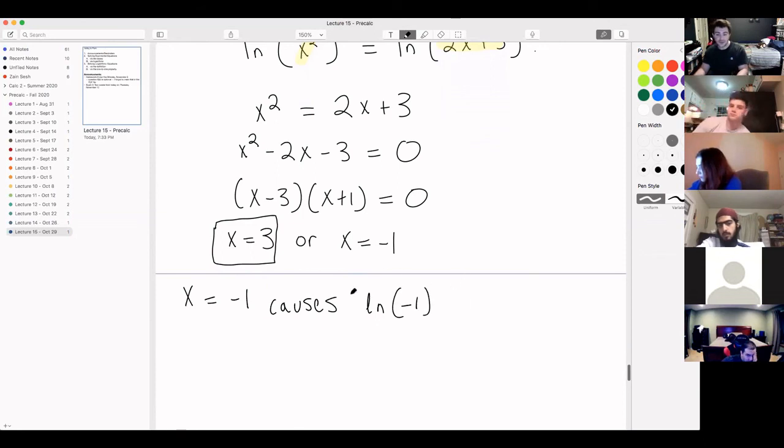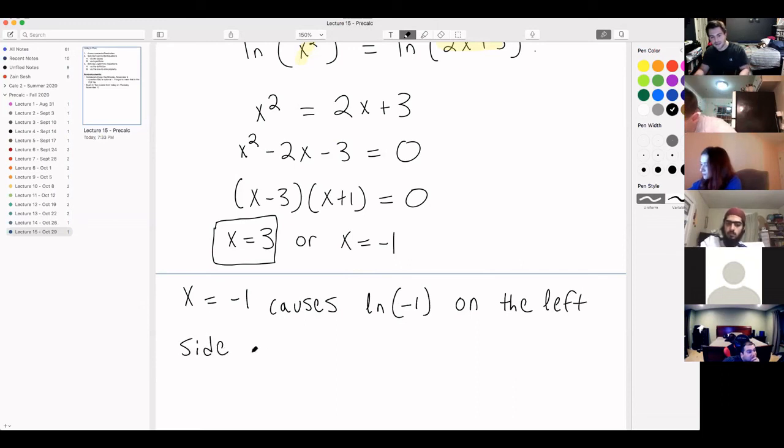I mean, I don't even feel right writing this expression. It just is so wrong. I feel dirty writing this, honestly. Just kidding. Causes ln of -1 on the left side. So you reject.